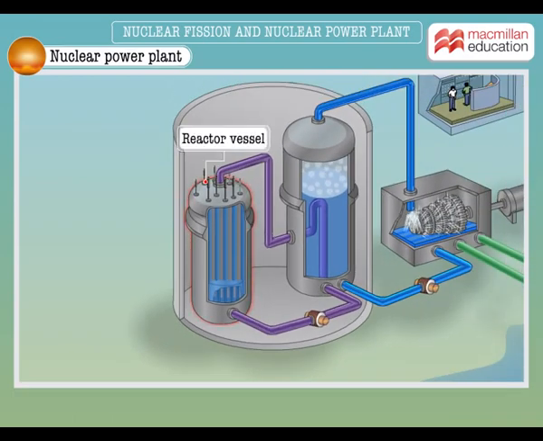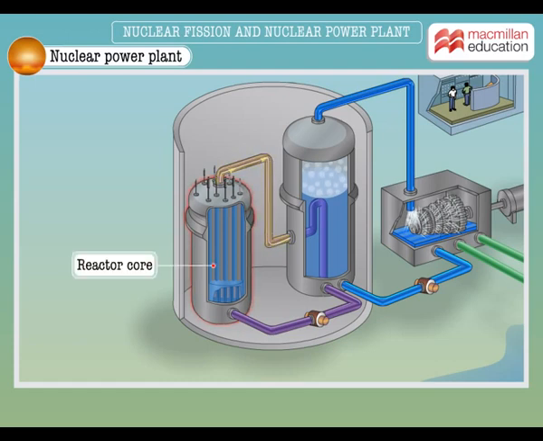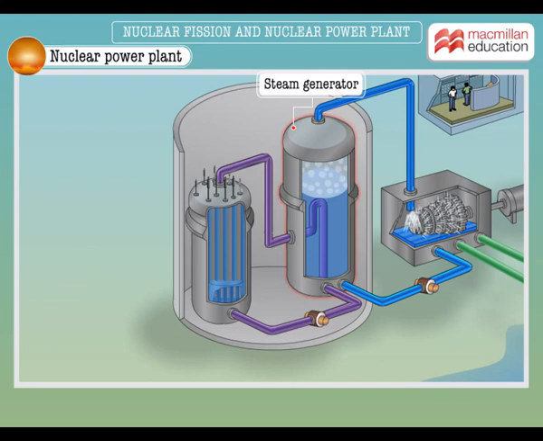The high pressure in the reactor vessel ensures that the water around it remains liquid even at a temperature beyond its boiling point. A set of pipes carrying cold water in and hot water out of the reactor core controls the temperature in the reactor core. Next to the reactor vessel, we have the steam generator.